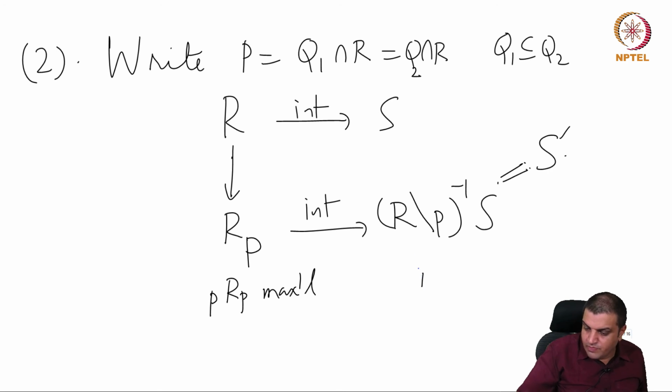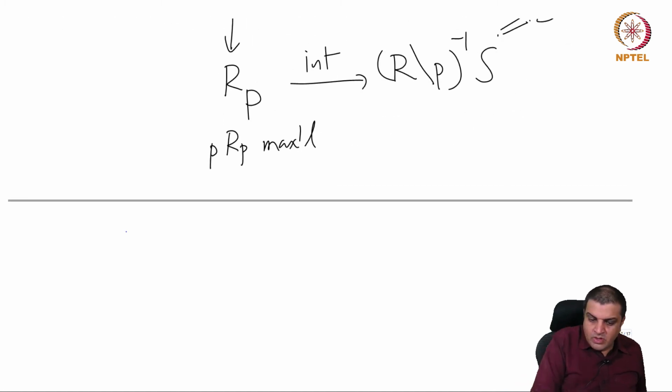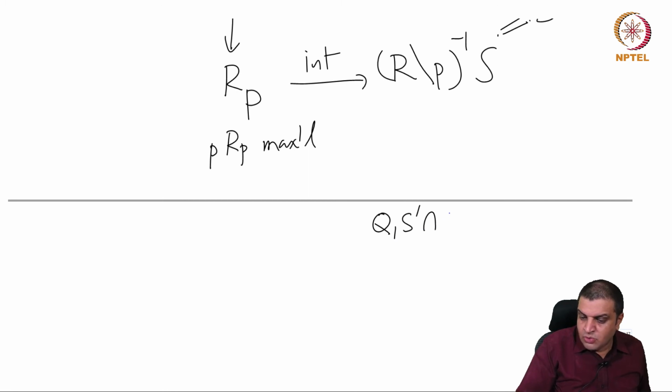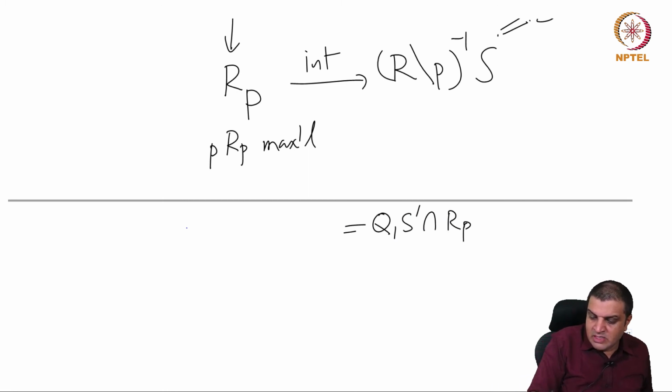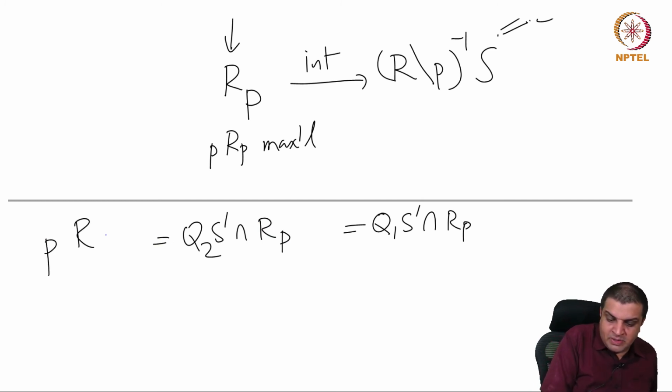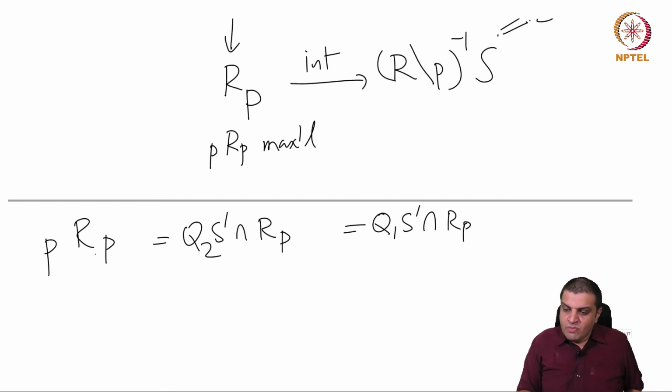Q1 S prime contracted to RP is the same thing as Q2 S prime contracted to RP, and this is just the maximal ideal P RP. Therefore, it must be a maximal ideal of this that contracts.